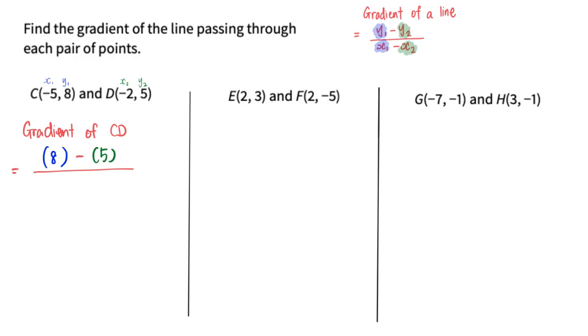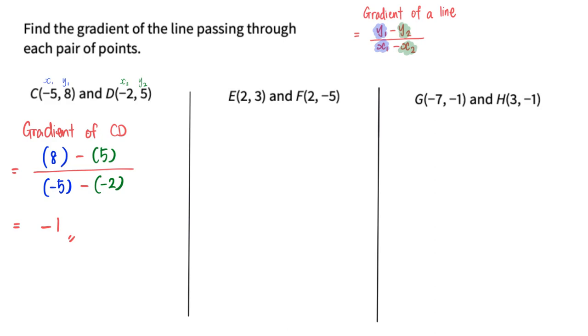This will prevent careless mistakes, alright? X1, -5, minus my x2, -2. And at this point, I just need to make use of my calculator. This will give me a value of -1. Done.